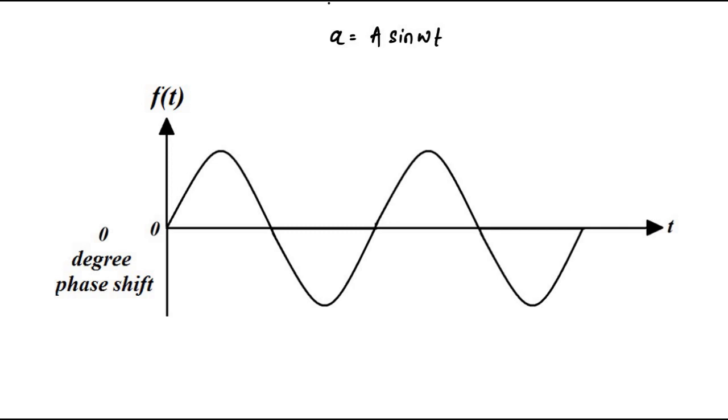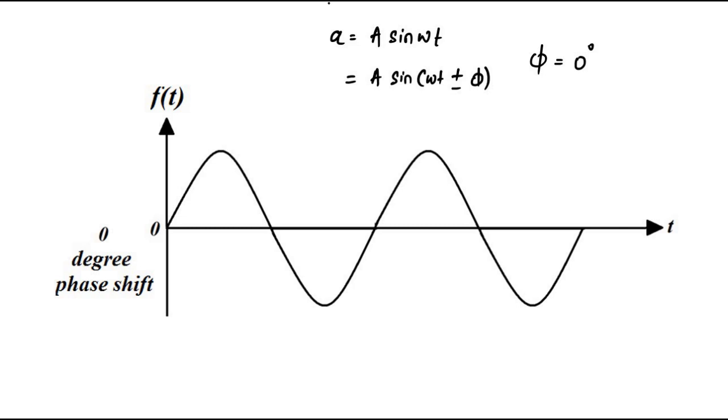Here the initial phase angle is 0 degree, because it starts from the origin. The general representation of a signal is A sine omega t plus minus phi. It depends upon where the waveform starts.